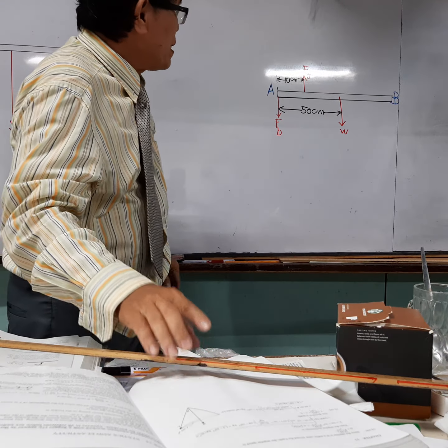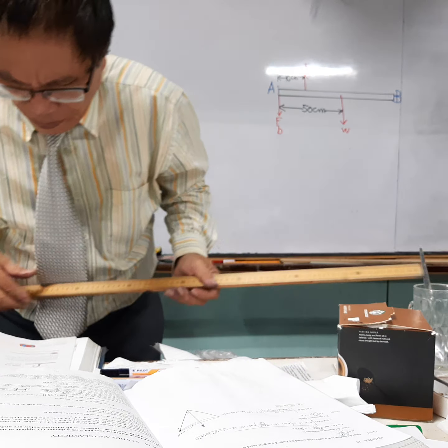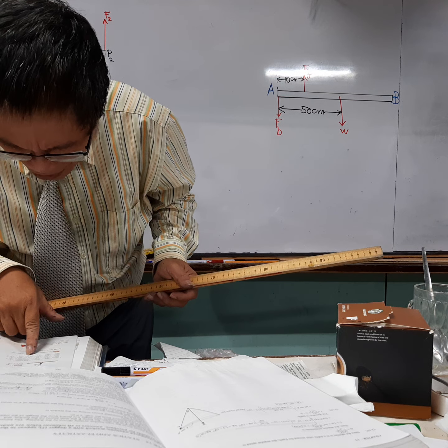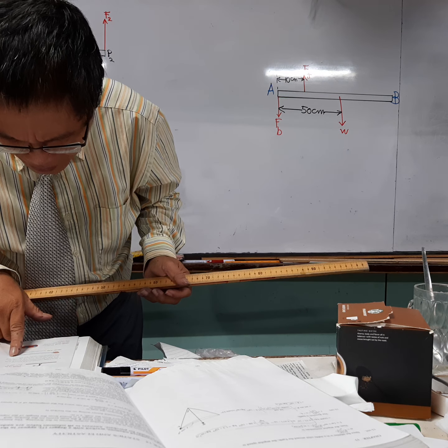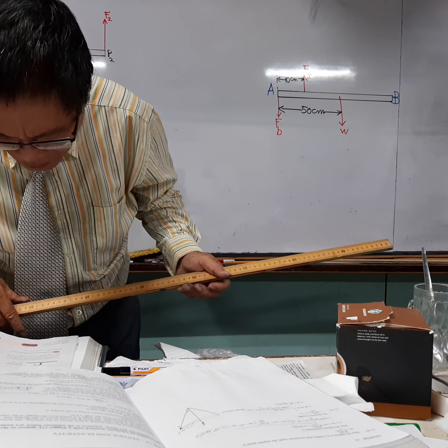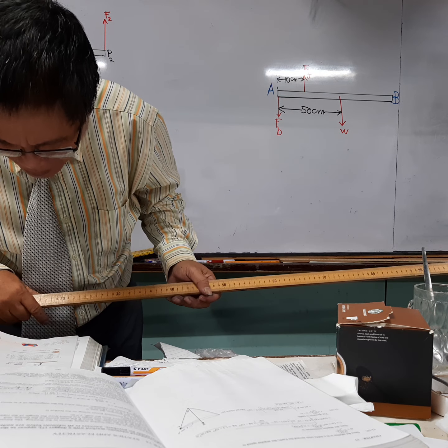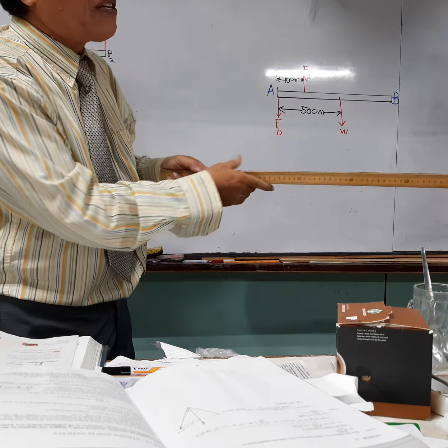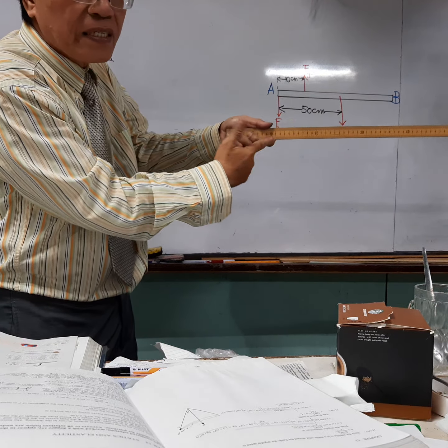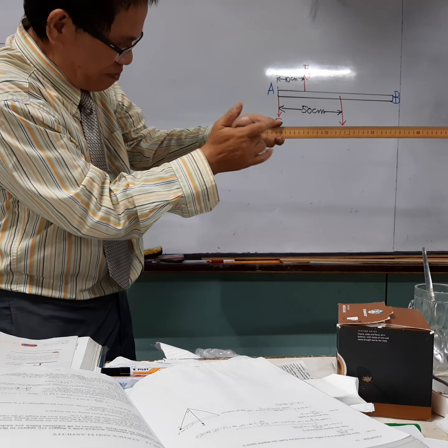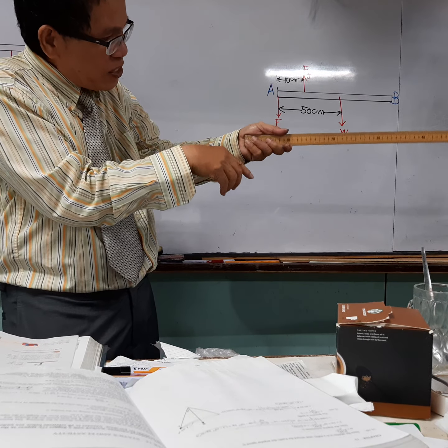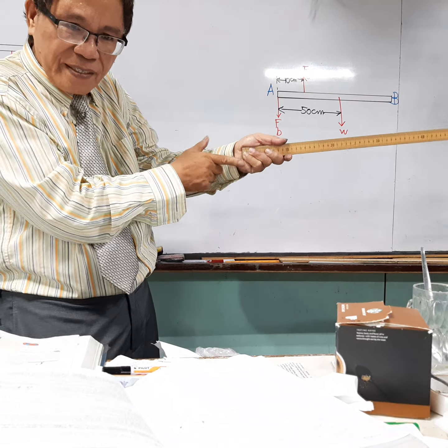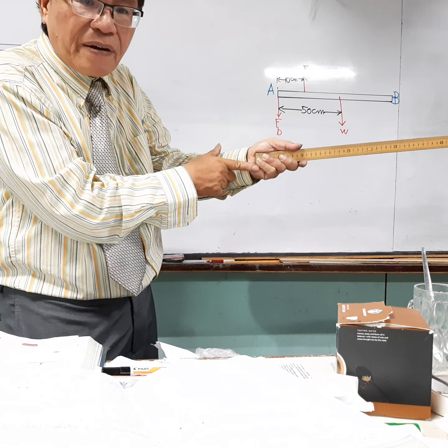A. Now here, the problem is asking us to calculate these forces. What are the forces to be calculated? The force coming from the front and the force from the rear, because the force exerted here is different from the force exerted here, different in direction.